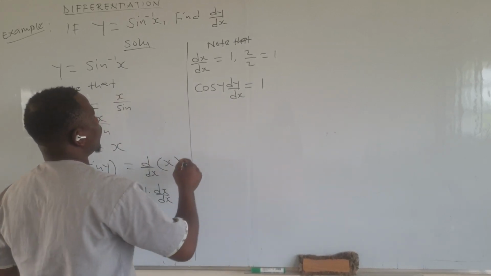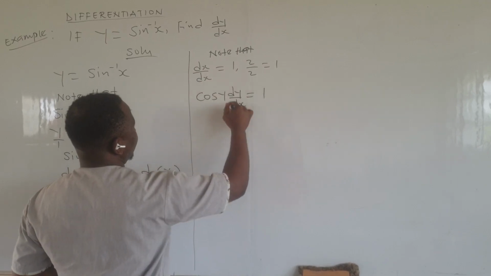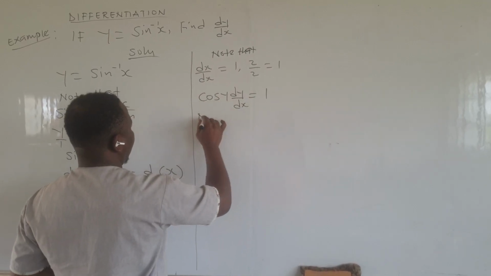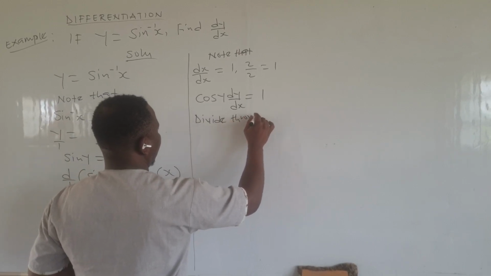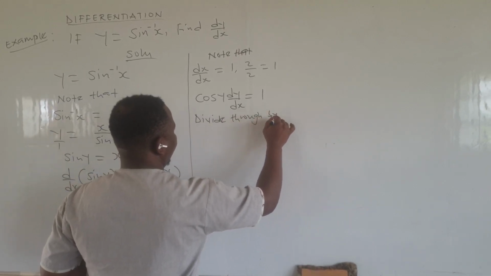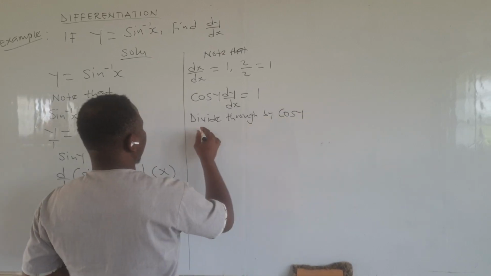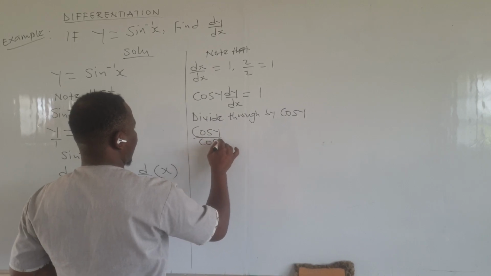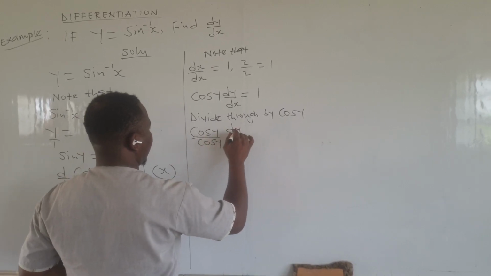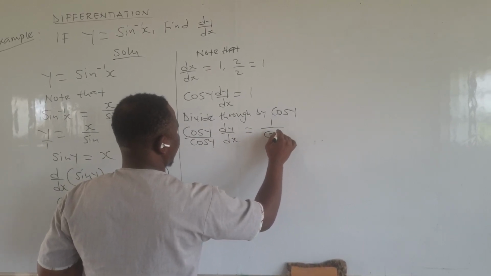So since we are to find dy over dx, what we need to do is divide both sides by cos y. It implies that cos y over cos y times dy over dx is equal to 1 over cos y.